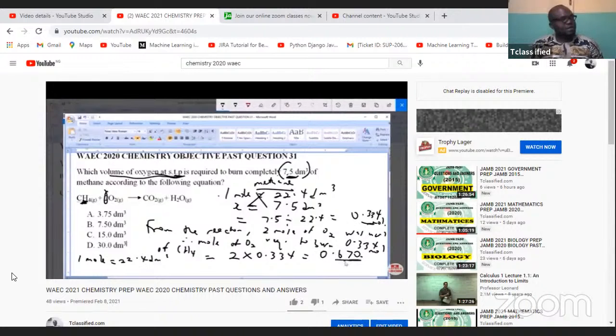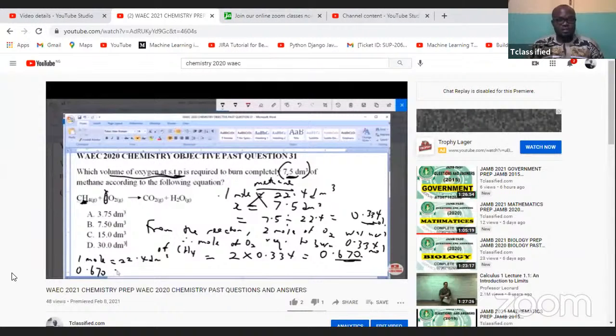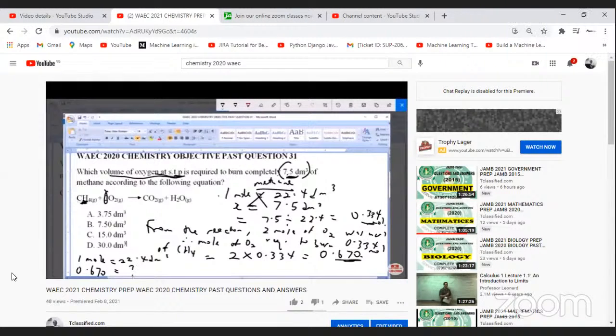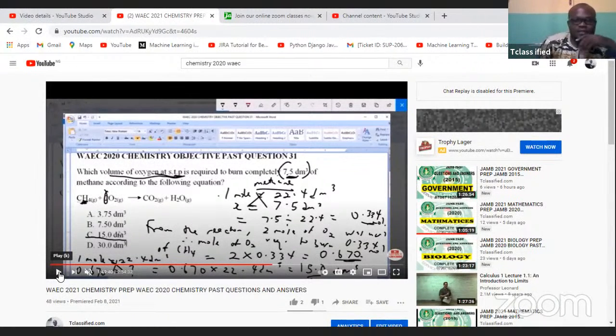So how do you go about it? Since we don't know the mole, they said what volume of oxygen at STP requires 7.5 dm³. So I did X of O2 gives 7.5 dm³ of methane.